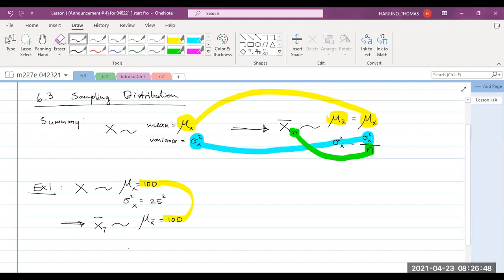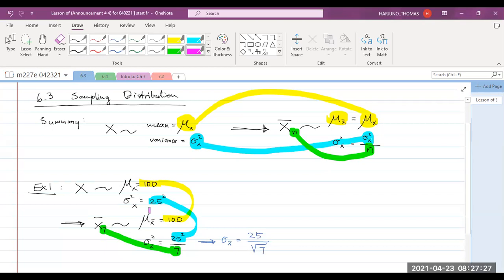However, the variance of the sampling distribution will be the original variance divided by the sample size. Now consequently, of course, the standard deviation of the sampling distribution is the original standard deviation divided by square root of 7.